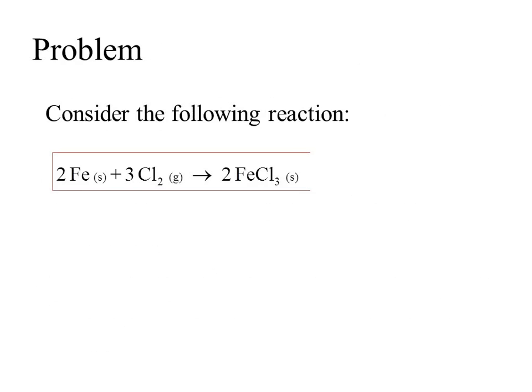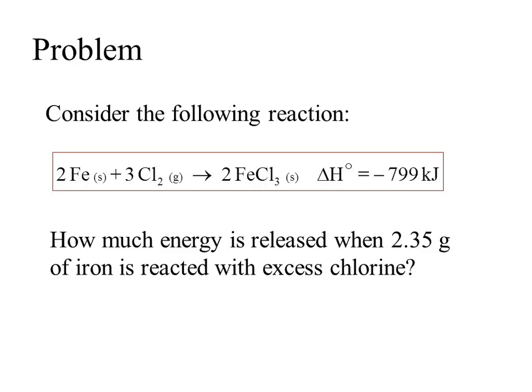Okay, so for instance, say we have this reaction between iron and chlorine. It's an exothermic reaction, right? Negative heat of reaction. And let's just say that you're given this question. In your homework, you're going to see it says how much energy is released.